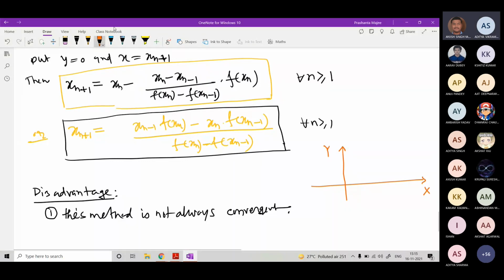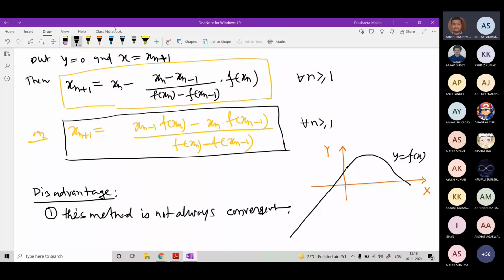Suppose the graph is, I'll draw that graph in black color. From this part, the graph is a straight line on the negative x-axis. From here, the graph is a straight line. Did you get my point?